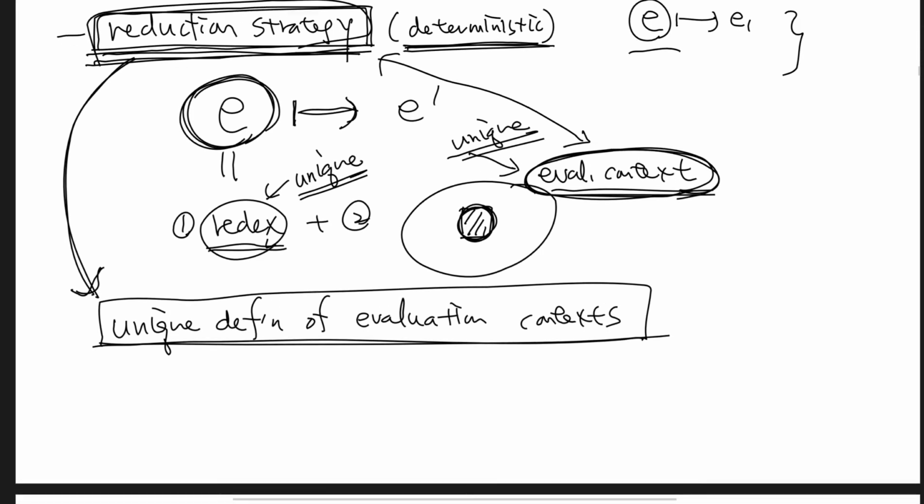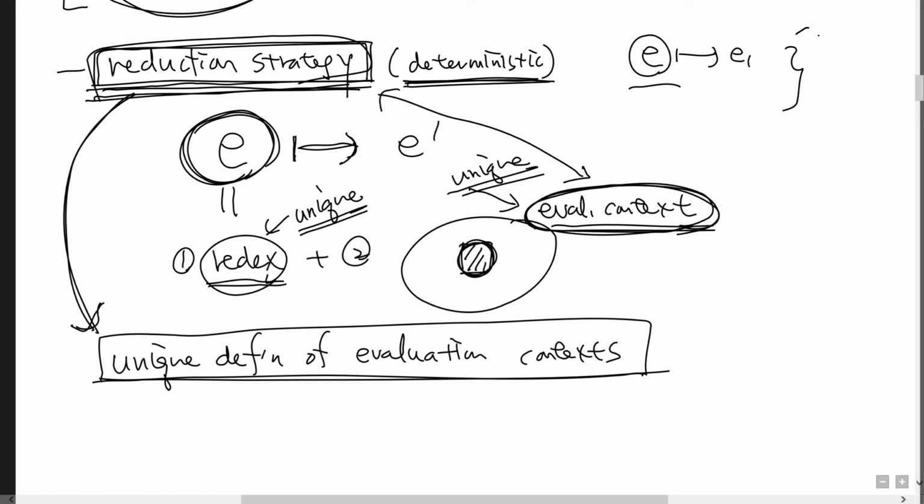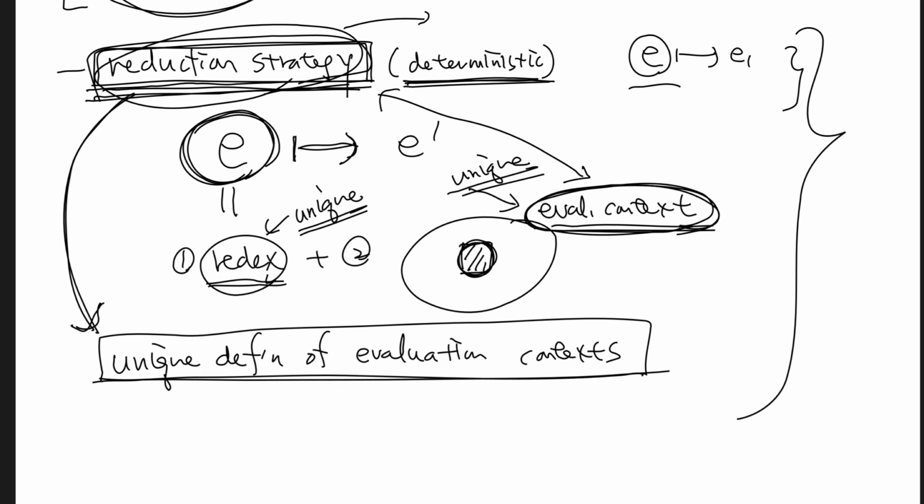So here is an example. Remember that reduction strategy tells you how to reduce a given expression. And reducing an expression basically amounts to finding the red X and then applying beta reduction.